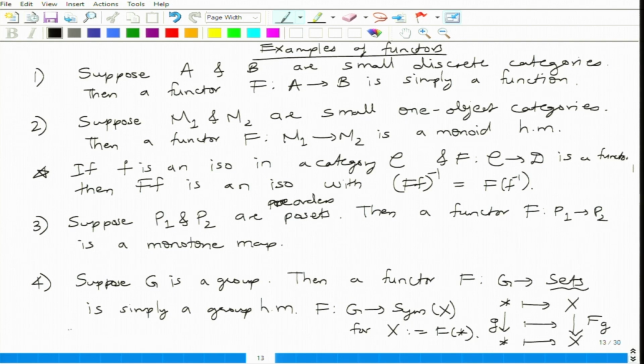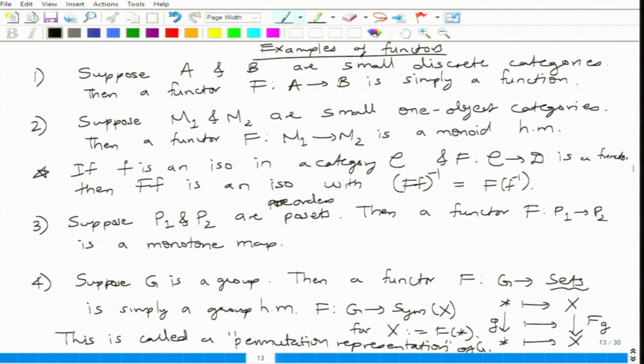So this is called a permutation representation of G. Okay.